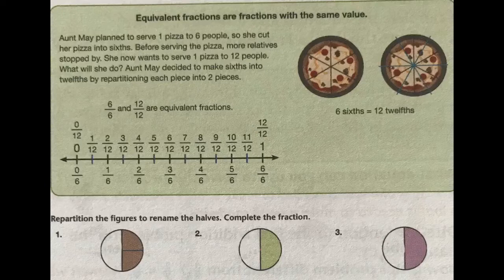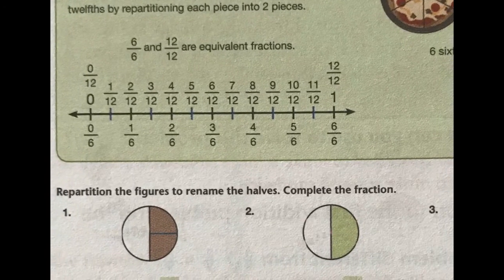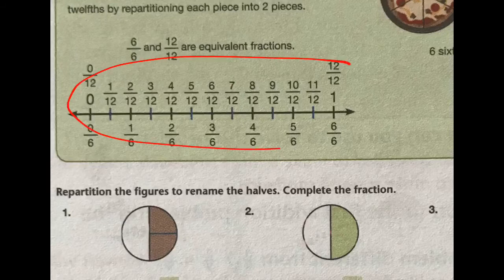So what she did was she took her pizza, she divided into 6, and all she did was add more cuts into it to make 12ths. And again, they need to be even cuts. So if you look down here at this, it looks like a number line. And it is.